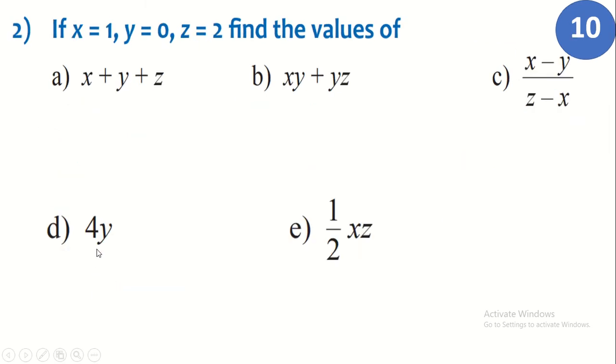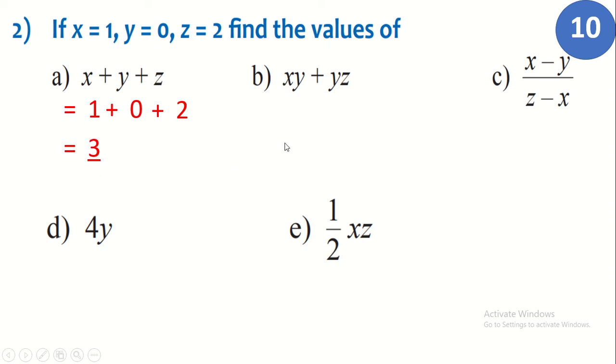Number 2. If x is equal to 1, y is equal to 0, z is equal to 2, find the values of a, b, c, d, e. For letter A, some of you have finished already. 1 plus 0 plus 2 is 3.